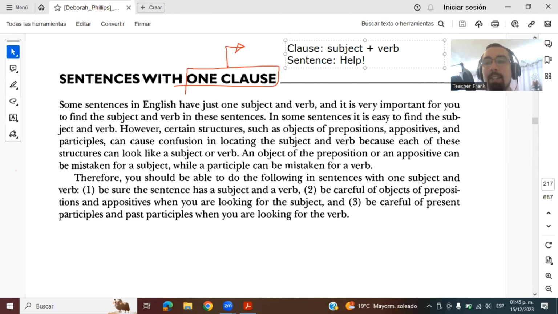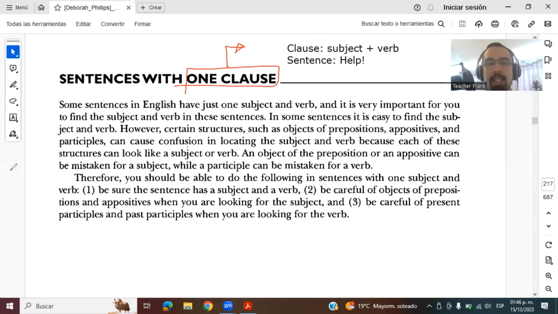It doesn't need to have, for example, a verb. So if I say help or wow, right, it has meaning. Wow is like the intention is expressing surprise. So that's a sentence. I play is a sentence, but help is not a clause, right? A clause has to have a subject and a verb.